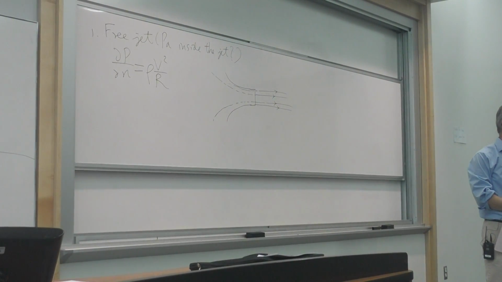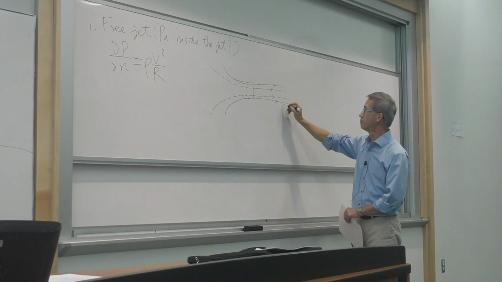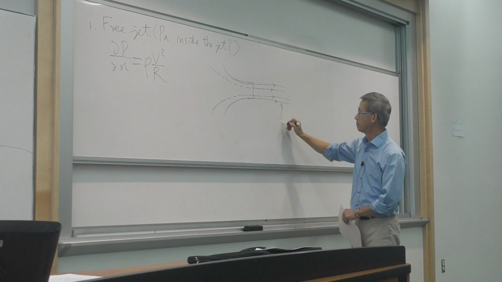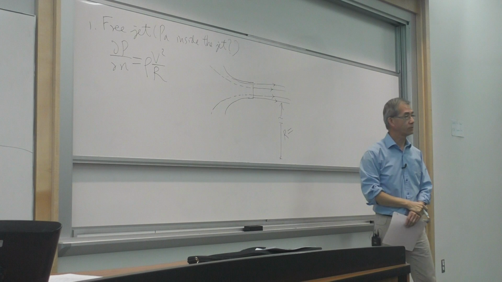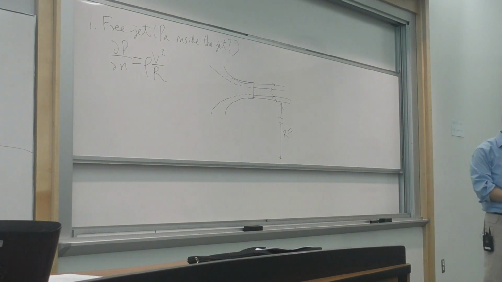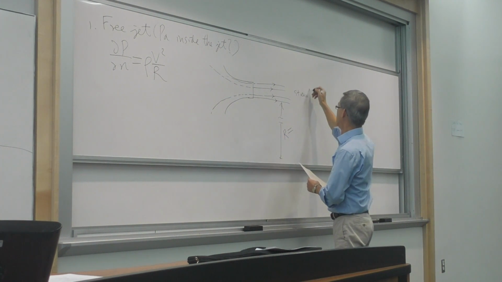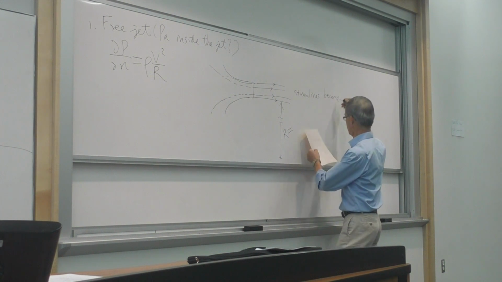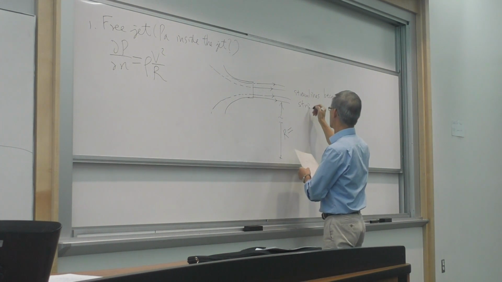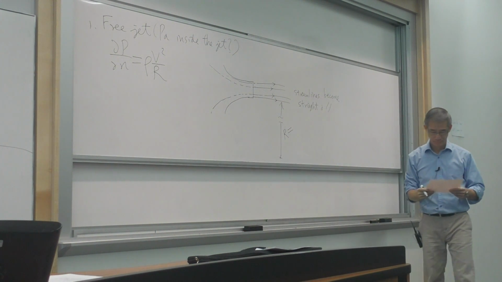Make sense? So on this diagram, where the streamline is straight and parallel, what is that radius of curvature? So here, let's say the streamlines become straight and parallel due to the shape of the nozzle.